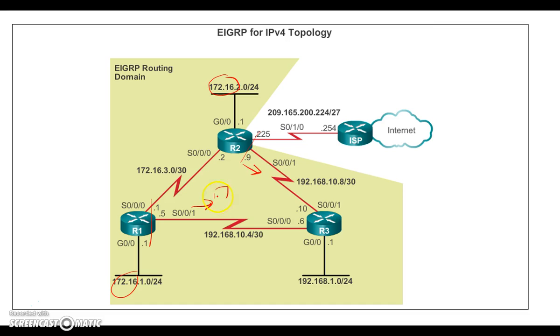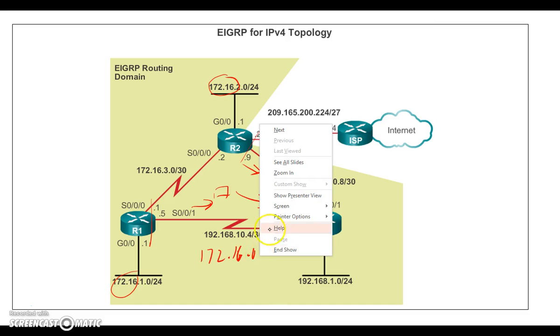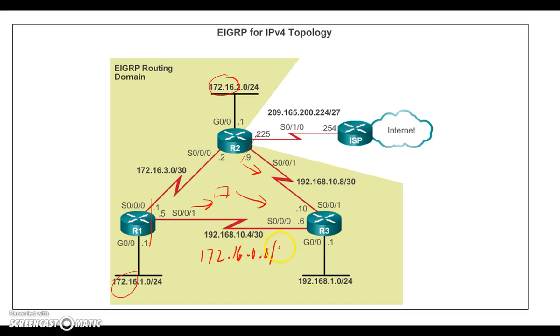So R1 will summarize all the 172.16 routes as 172.16.0.0/16 and send it to R3. Similarly, the same update will be sent by R2, also 172.16.0.0/16. So R3 will receive two updates, one from R2 and one from R1.